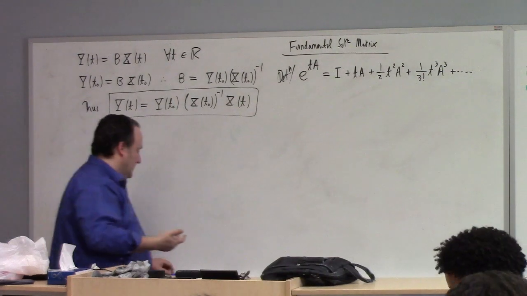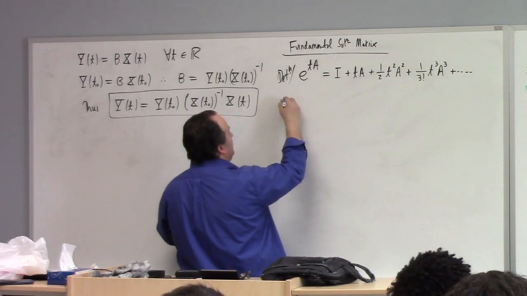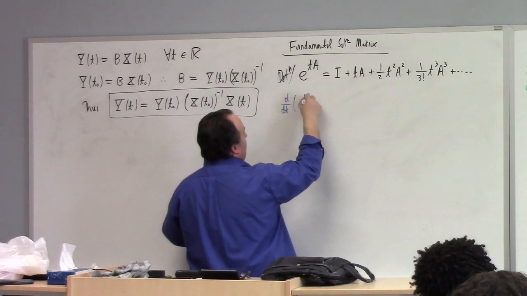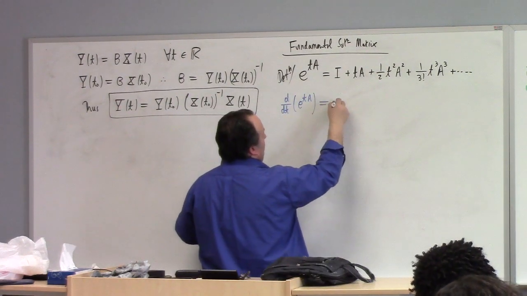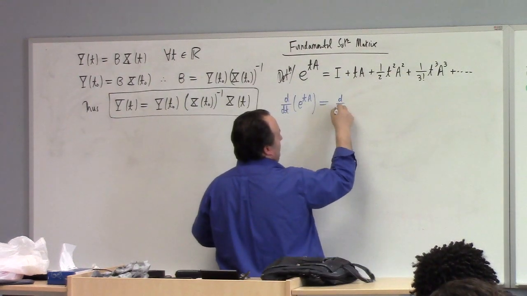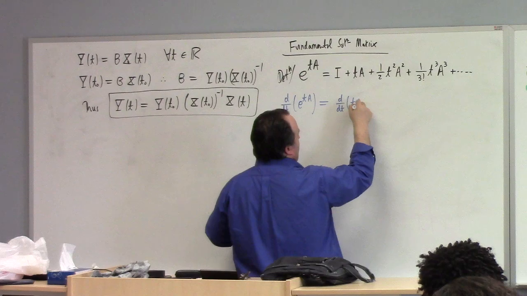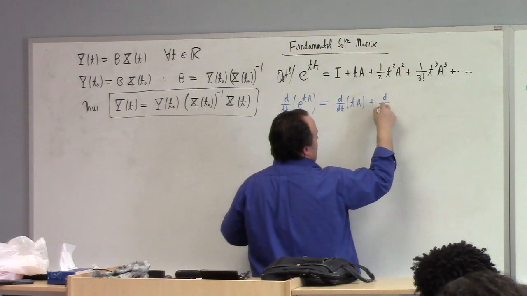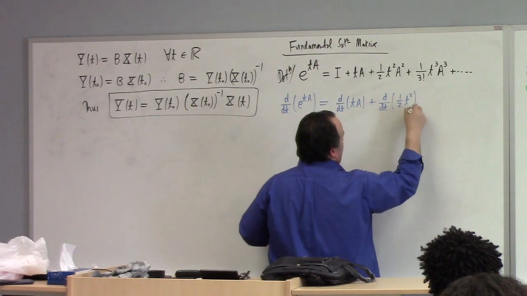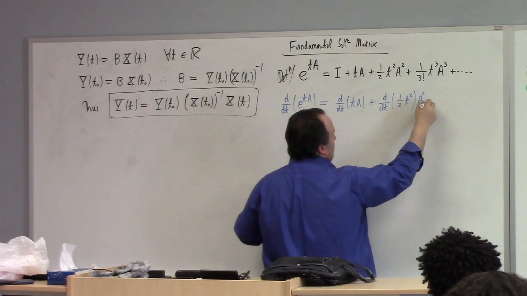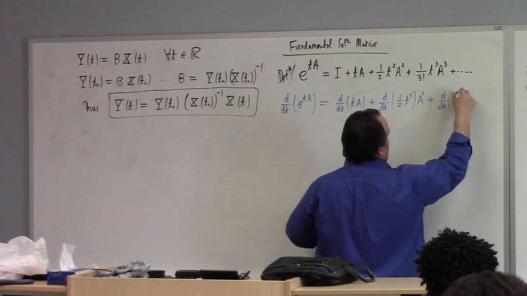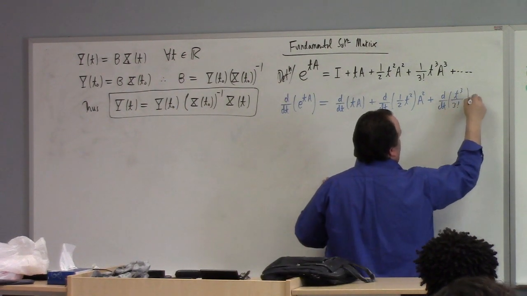How does that go? What's d/dt of e to the tA? We differentiate this, so we've got d/dt of tA, plus d/dt of 1/2 t squared A squared. You can pull the A out, it's constant. d/dt of t cubed over 3 factorial, pull the A out, it's constant.